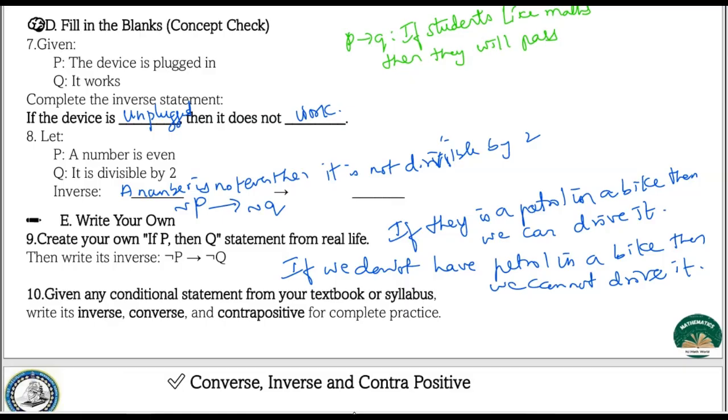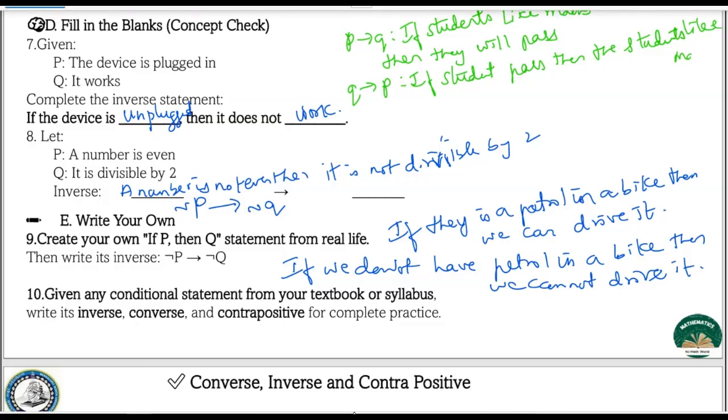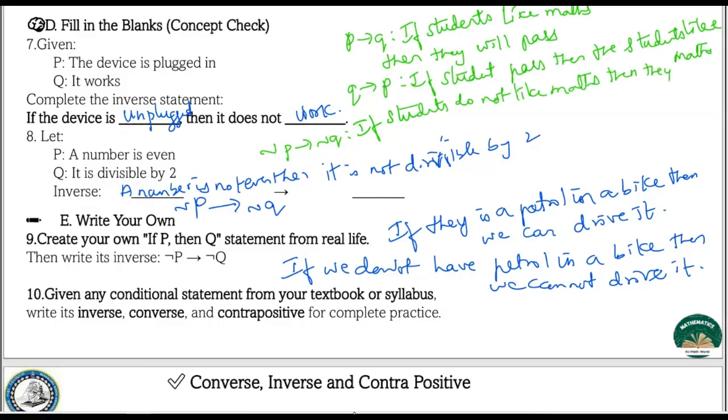Then what will be your inverse? That will be the converse first. Q implies P. If students pass, then the students like maths. Then what will be the inverse? Negation P implies negation Q. If students do not like maths, then they do not pass.